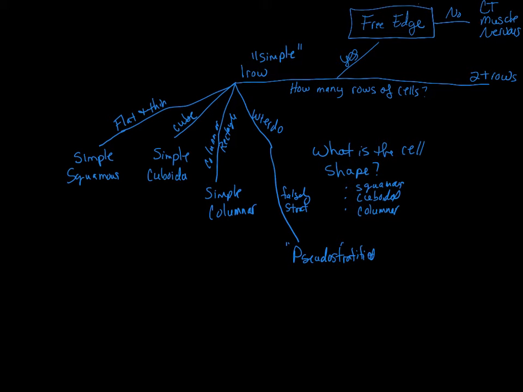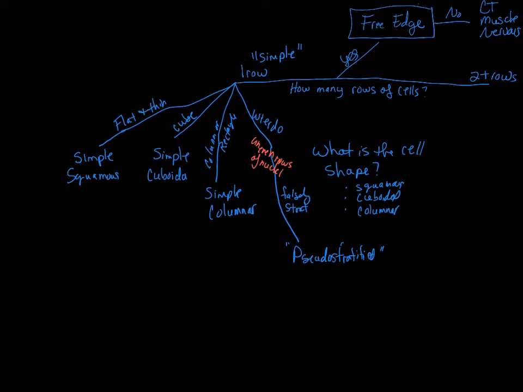And what I see when I look at falsely stratified is I see uneven rows of nuclei. So that's what I look for to find the pseudostratified. Okay? So those are the 4 basic types.